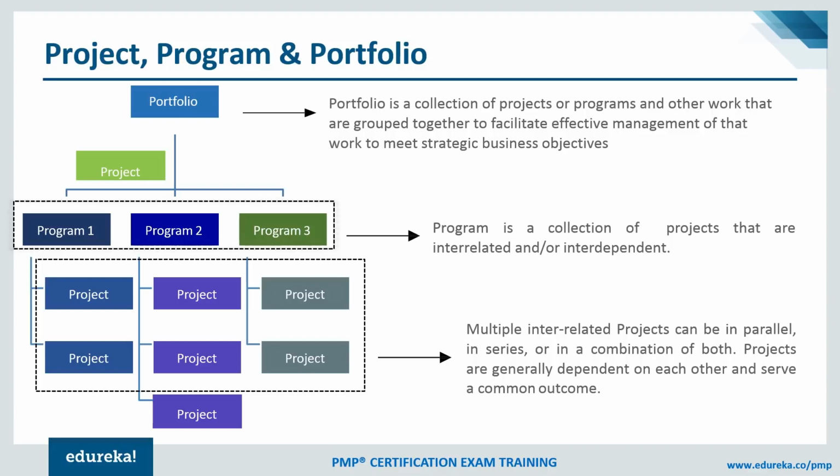On day 1 of the program, they all get into a meeting, and the program manager says we will all have a review meeting on Monday where I want to see how we are progressing with respect to scope, time and cost, and I want you to come prepared with a report. All the project managers go back to their respective work, and next Monday one person prepares a report in Excel, the second prepares a report in PowerPoint, the third has some MS Project data available, and the fourth says, oh, I'm going to draw everything on the board.